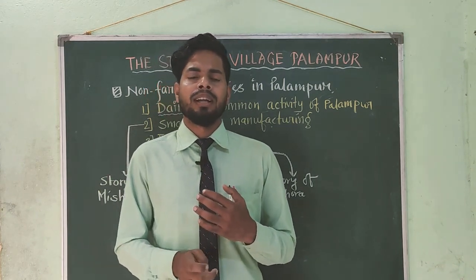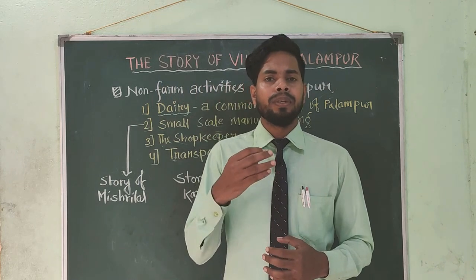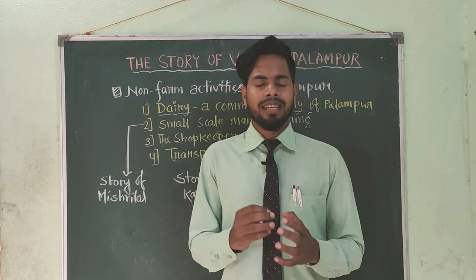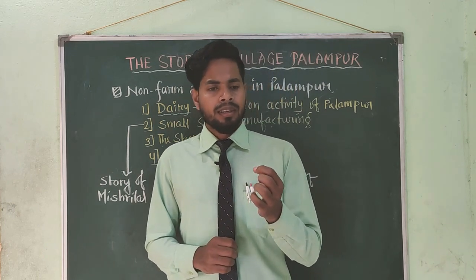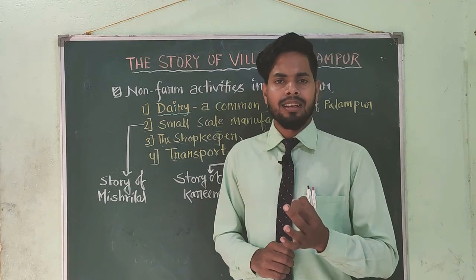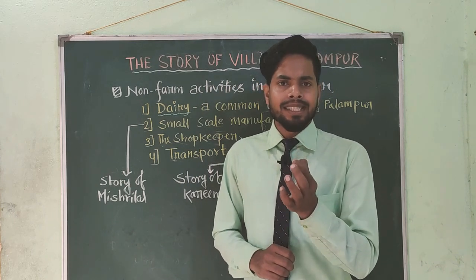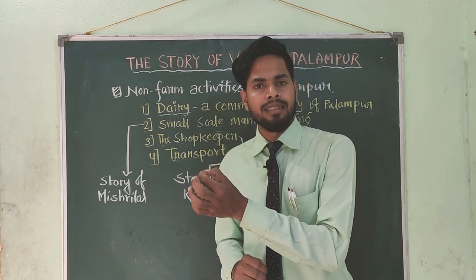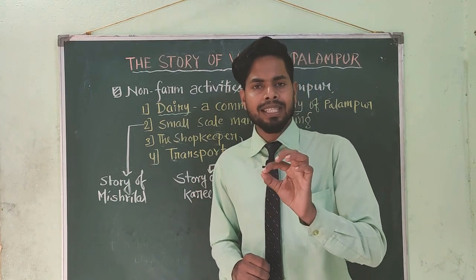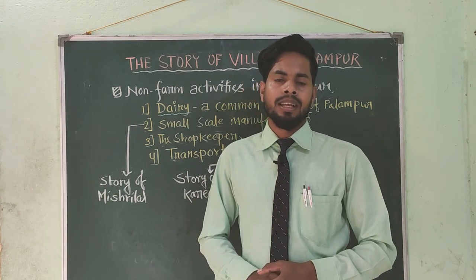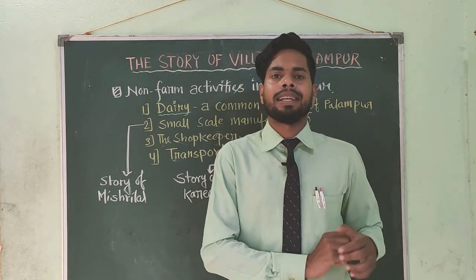So dear students, now I am telling you a story. Listen carefully. The story of Misri Lal. Misri Lal purchased a mechanical sugar crushing machine, and this machine was set up in his field. This machine runs on electricity.